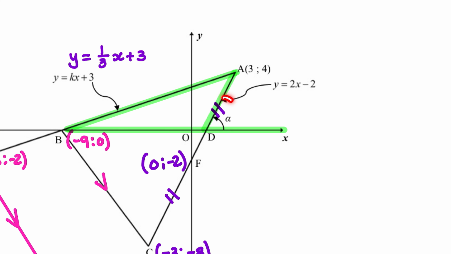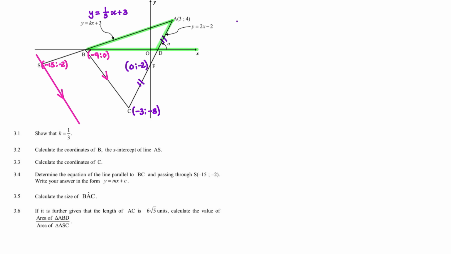So when I find alpha and this angle of inclination, I can use the exterior angle of a triangle to solve for A. So for 3.5, we know that tan alpha is equal to the gradient of that line, so that's equal to 2.